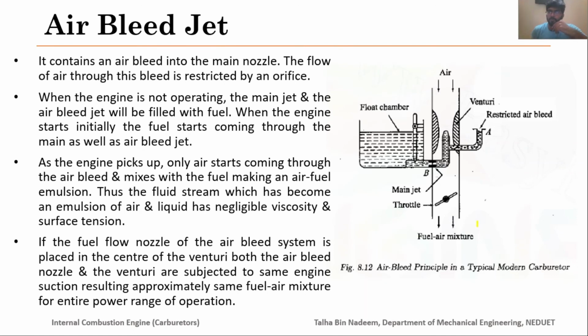More fuel would be coming from the main jet, but instead of providing only fuel, we have also added an air bleed section here, which supplies some additional air to the main jet, making an emulsion, and thus it reduces the richness of the mixture.